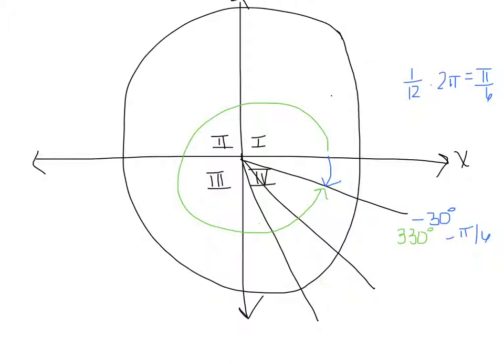And if you take the difference of 330 minus negative 30, you would get 360. So going counterclockwise, that would put us at 11 pi over 6. So these two angles have the same terminal side. And if you notice, both these angles are in quadrant 4.